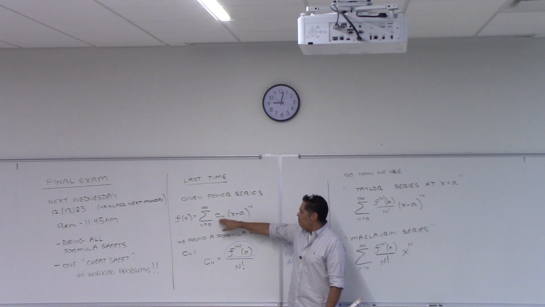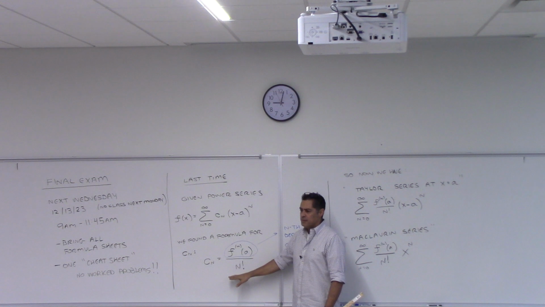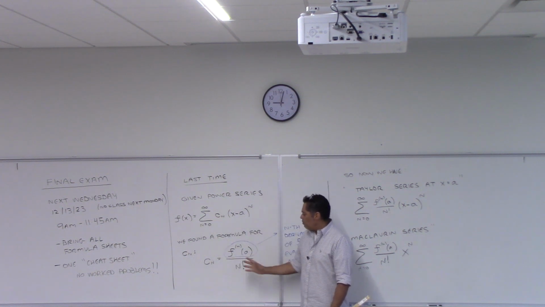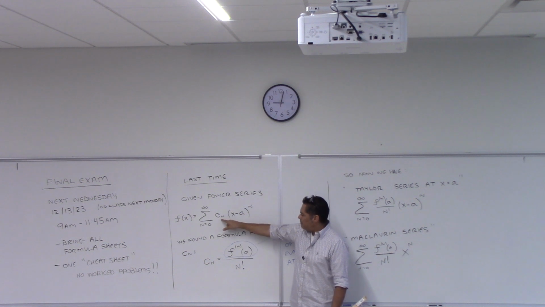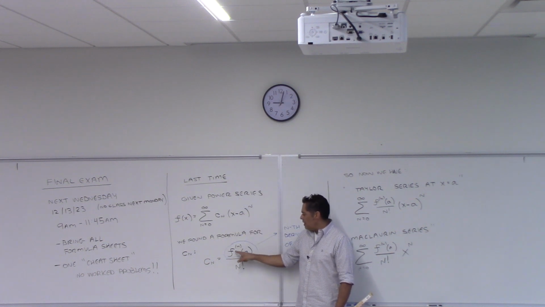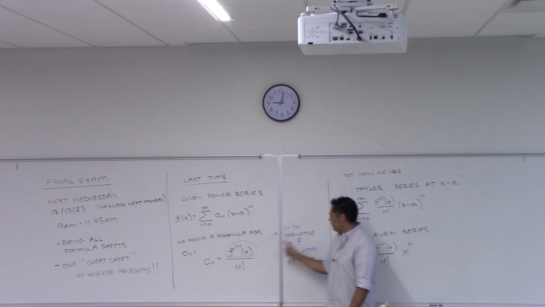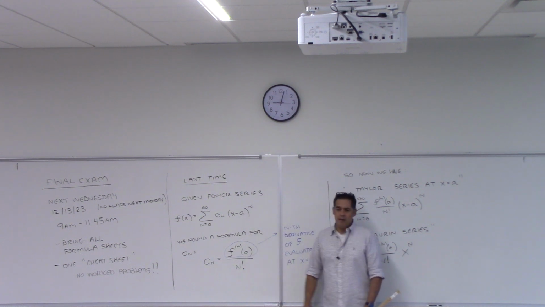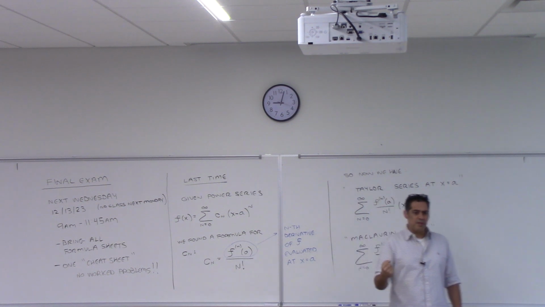I derived this last time: the formula for c sub n is the nth derivative of the function at a, divided by n factorial.